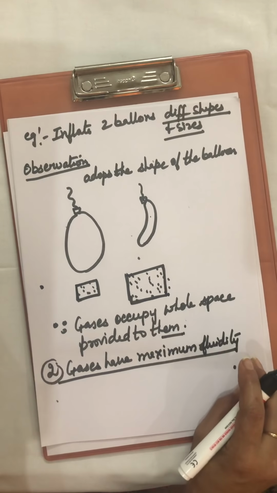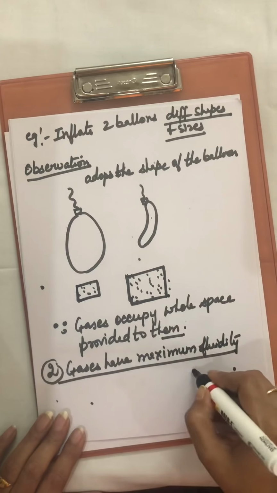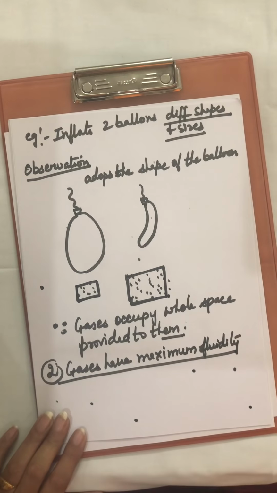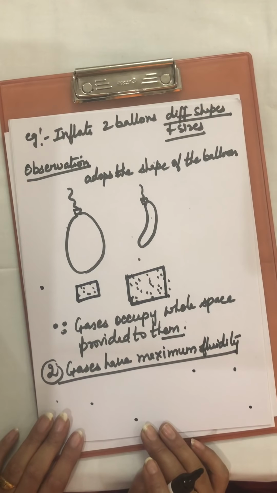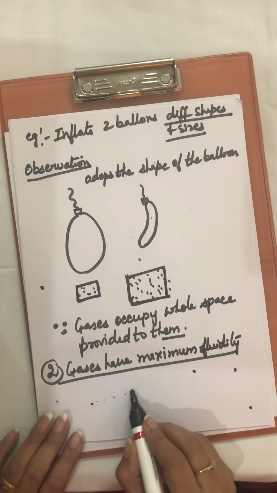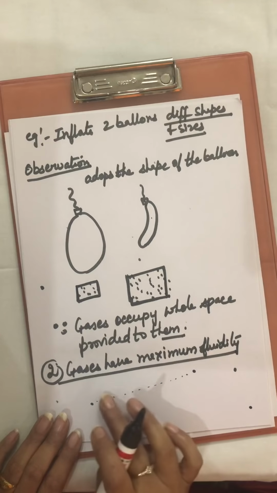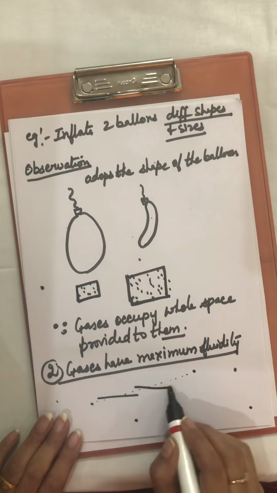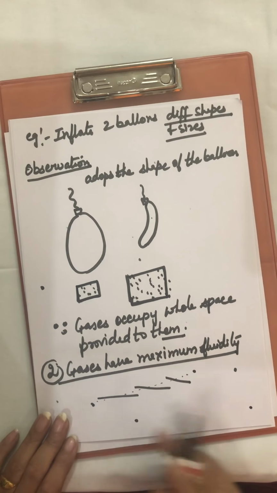The reason is the large interparticle spaces between the gas particles. The spaces between the gas particles are so large because the forces between them are very, very weak. Because of that, these forces can easily break and the particles are free to move. Hence, gases have maximum fluidity.